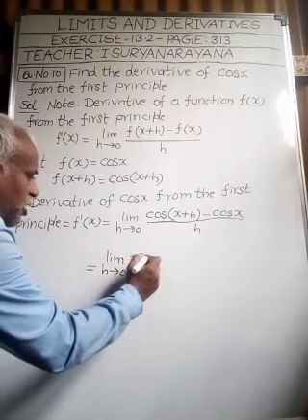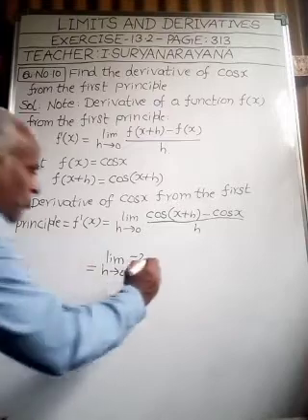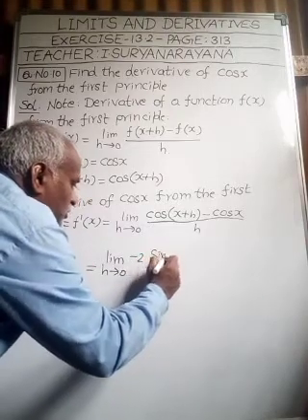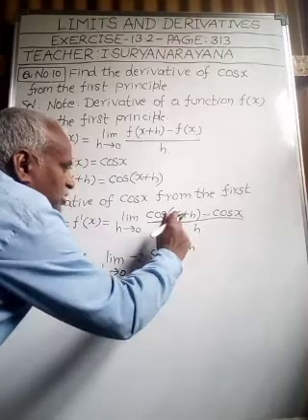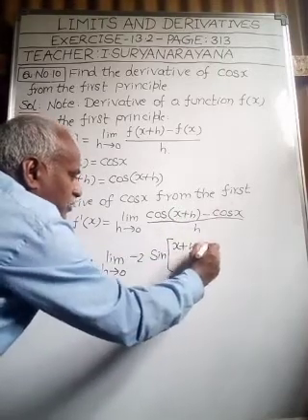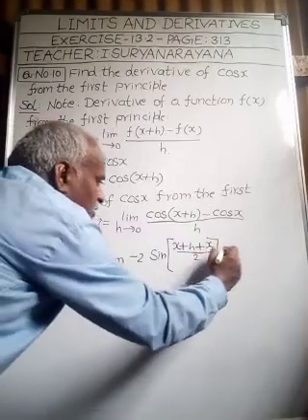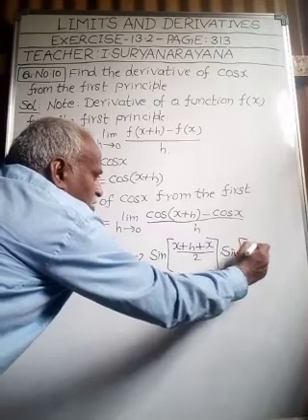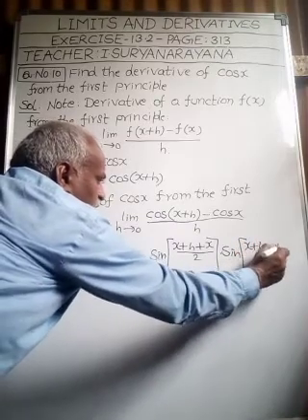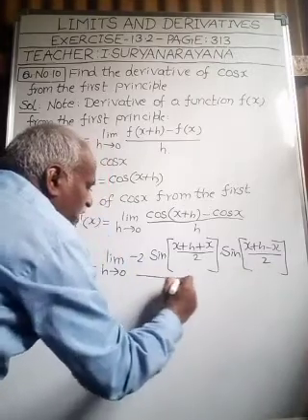Minus 2 sin of C plus D by 2 into sin of C minus D by 2. Here it becomes minus 2 sin of x plus h plus x by 2 into sin of x plus h minus x by 2, whole divided by h.